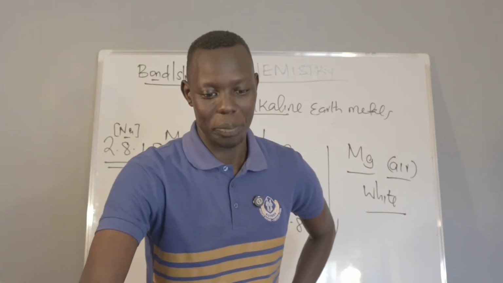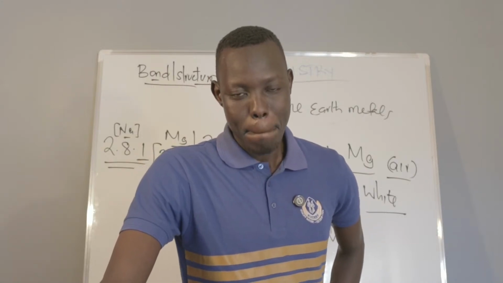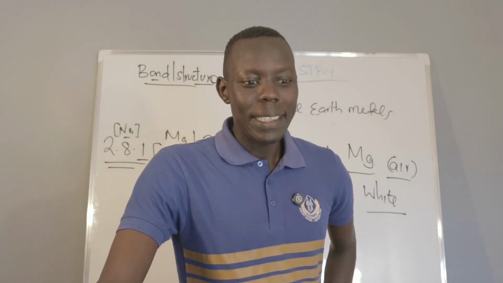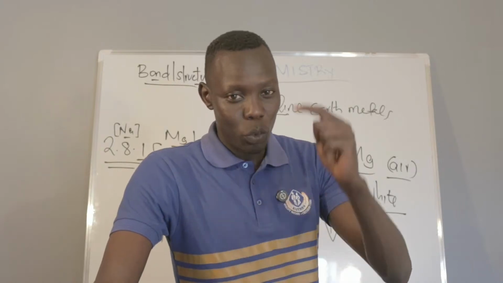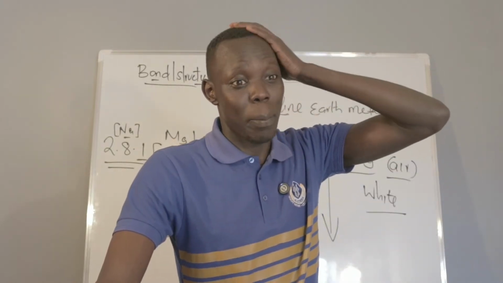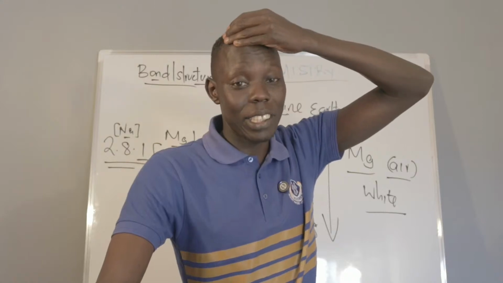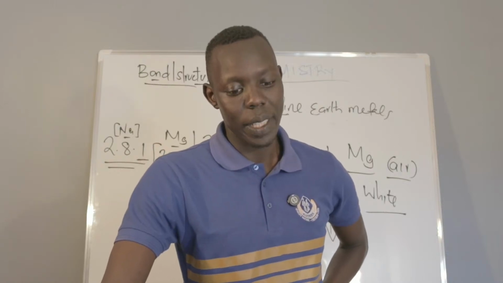Now, I have another question. I'm just asking, and if you know it, please place it there. The products of burnt magnesium, those products which are produced after burning it in air, and after adding water, we tested using litmus paper, both red and blue.